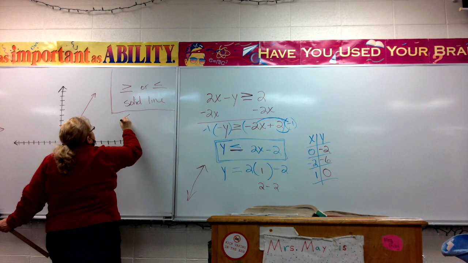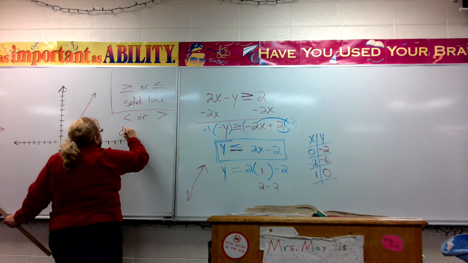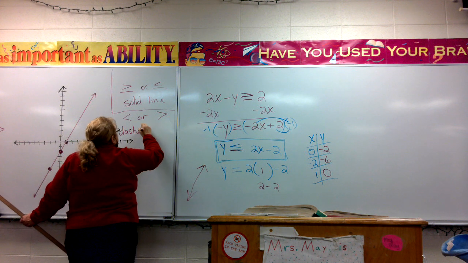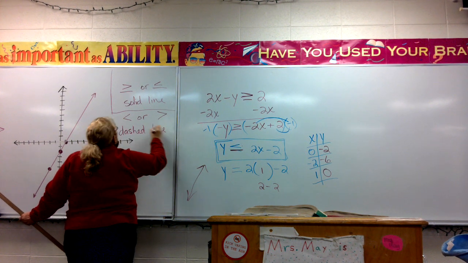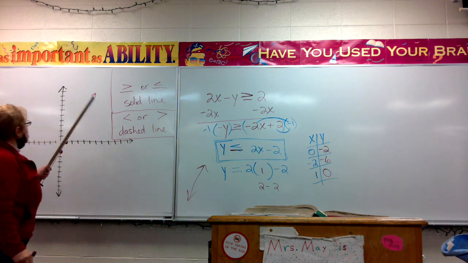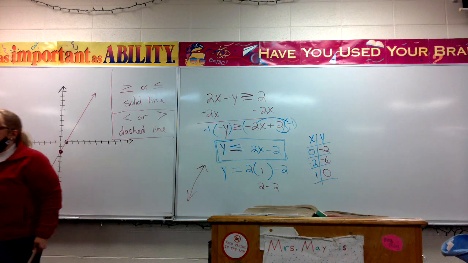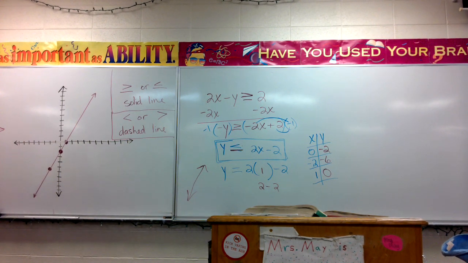If it's just less than or greater than, it's going to be a dashed line. Well, this one is less than or equal to, so we're going to do a solid line. If it's got the equal to part, you do a solid line. If there's no equals, then it's a dashed line.